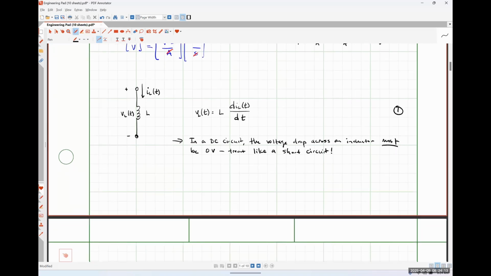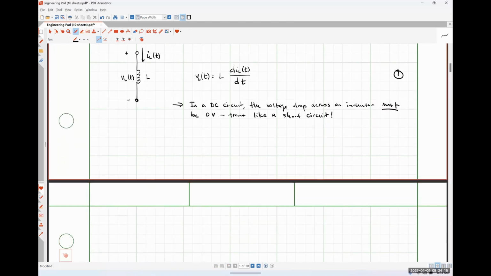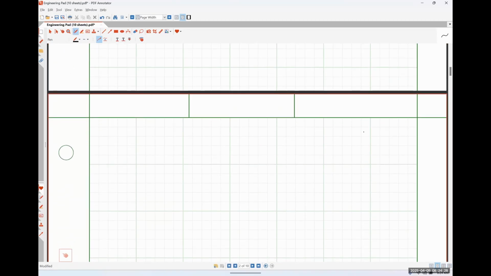Now, let's explore this relationship a little bit further, okay? So let's look at a less boring case where we might have some changing current. So I'm going to draw a couple of graphs here, okay? So let's say, for the ease of math's sake, that I have a 1 Henry inductor.